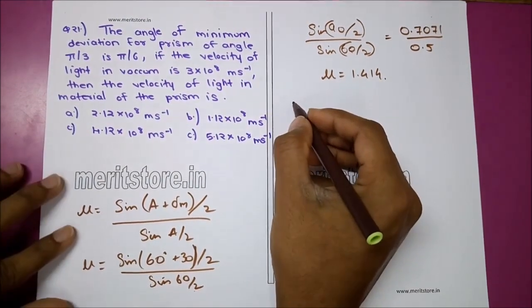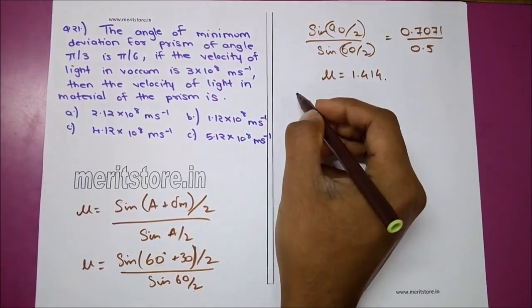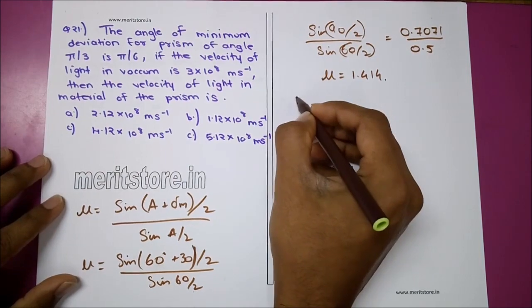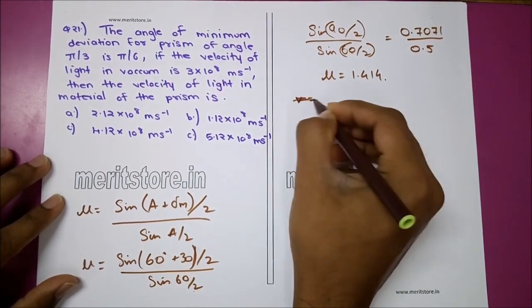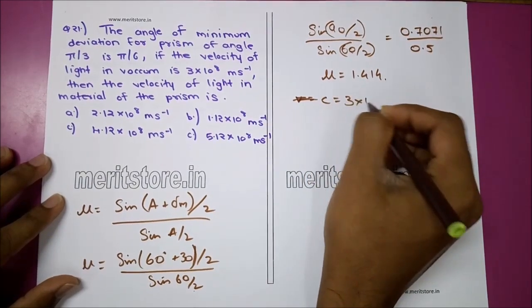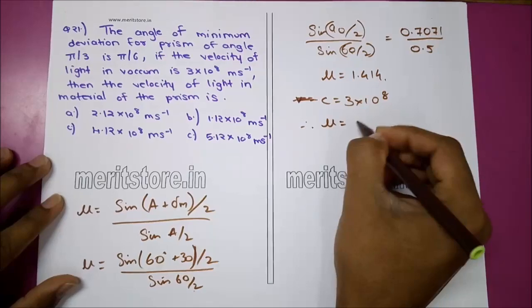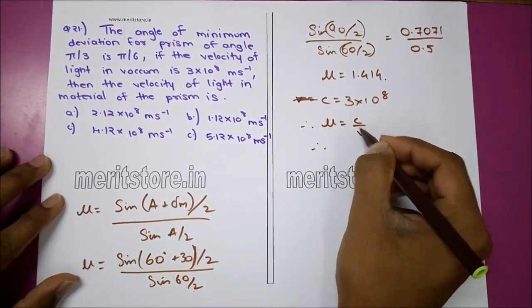Now since they have given the velocity of light in vacuum, c is given as 3 into 10 raised to 8. Therefore mu can be written as c upon v, velocity of light in the medium.